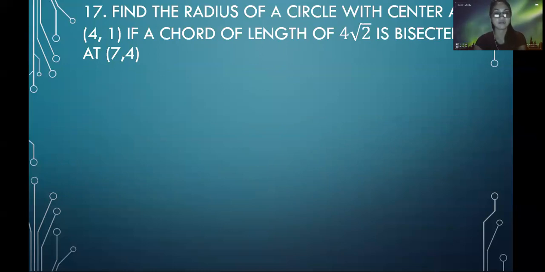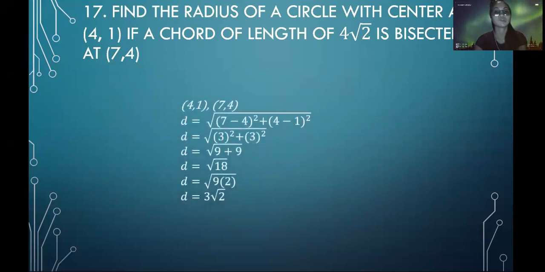Number 17. Find the radius of a circle with a center at 4 and 1 if a chord of length 4 square root 2 is bisected at point 7 and 4. So we're going to find at point 4 and 1 and point 7 and 4.